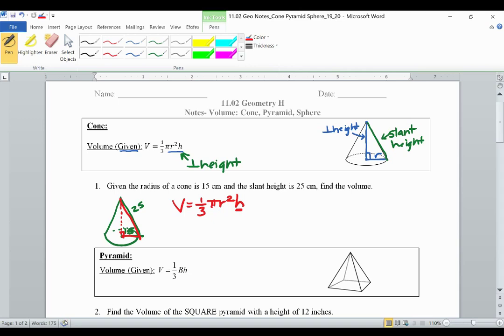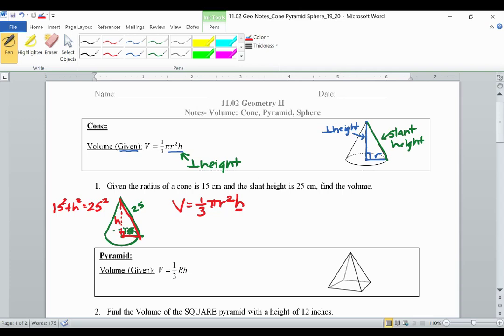How to find the perpendicular height is what I was saying before: they make a right triangle. So I can use the Pythagorean theorem here to find my height. I'll do it off to the side here. I'm missing my h, which is a leg. So it's going to be 15 squared plus h squared equals 25 squared.